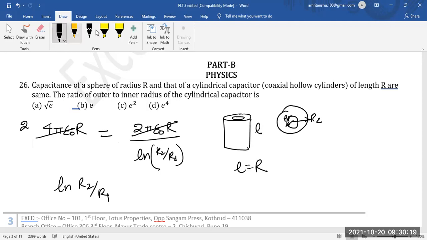R2 is outer, R1 is inner. We are supposed to calculate the ratio of outer to inner radius, this comes out to be half. Therefore, R2 by R1 is equal to e raised to that, which is the answer. Moving on to the next question.